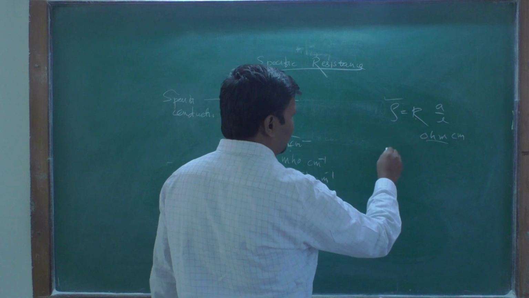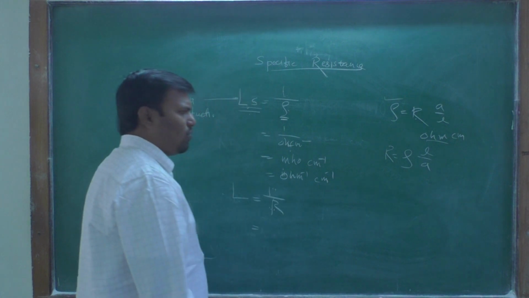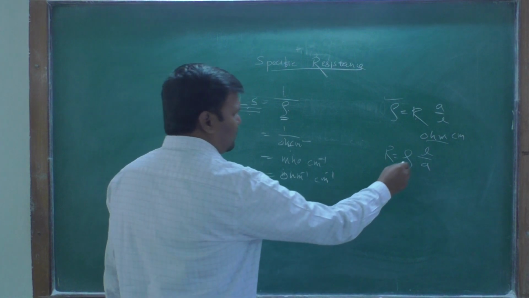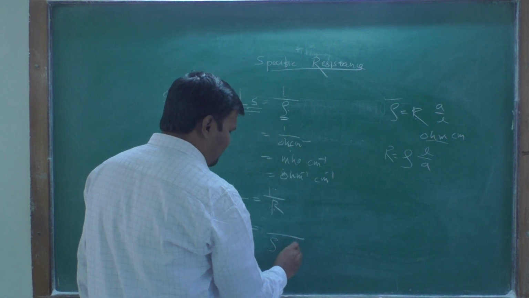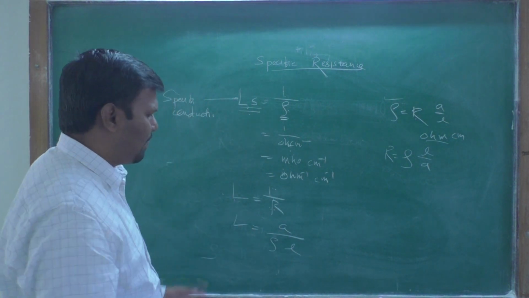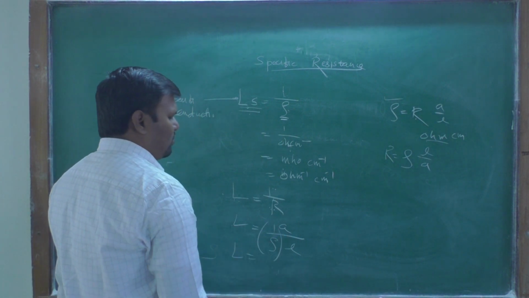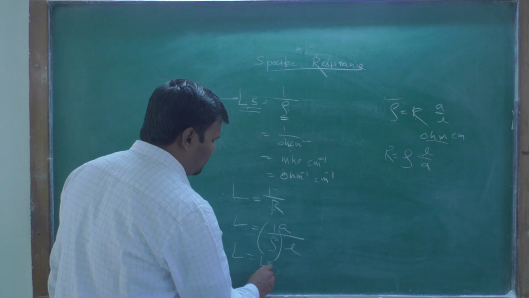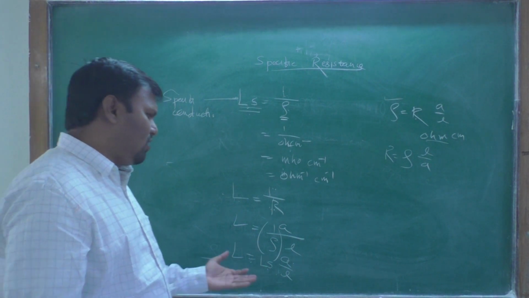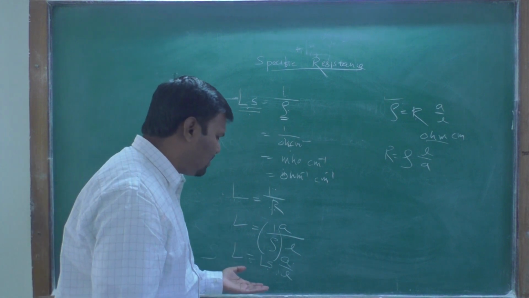We have taken R equal to rho L upon A, so by putting in R, conductivity is 1 upon rho L upon A. Since 1 upon rho is Ls, the new formula obtained for conductivity is Ls A upon L.